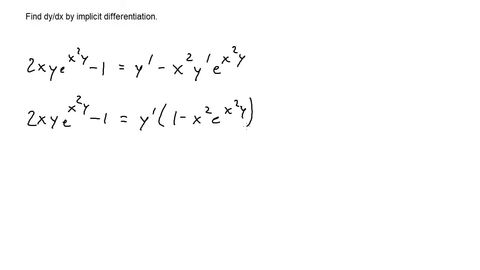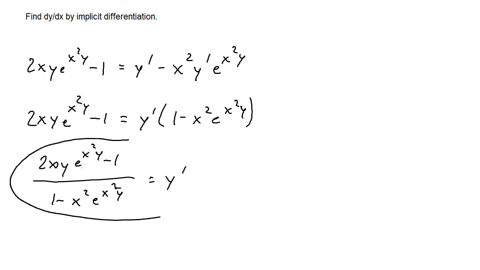So now I can go ahead and isolate y prime, divide that parentheses over to the other side. So for the final answer, we get 2xy e to the x squared y minus 1 over 1 minus x squared e to the x squared y. That's going to equal y prime, or dy dx.